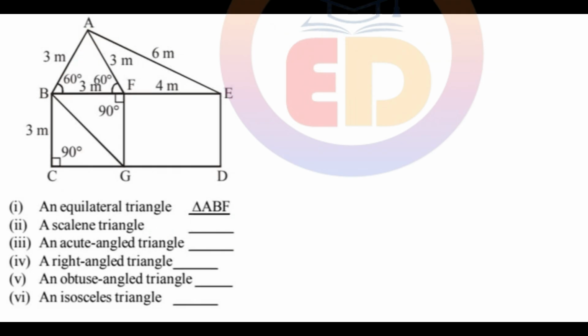Now the second, a scalene triangle, we have done: triangle AEF or triangle AFE. The third we have to find out is an acute angle triangle. Remember, an acute angle triangle is a triangle in which all the angles are acute. If you look at triangle ABF, we can see that all the three angles are 60 degrees.